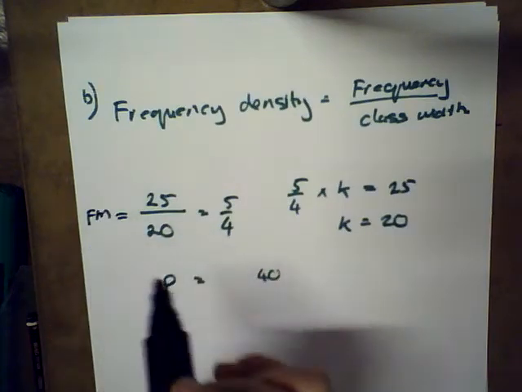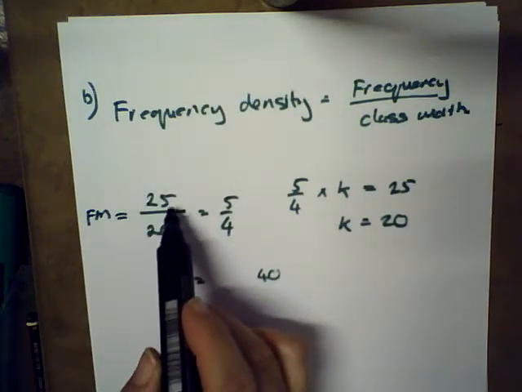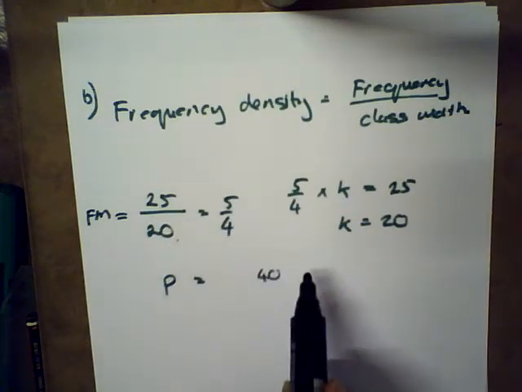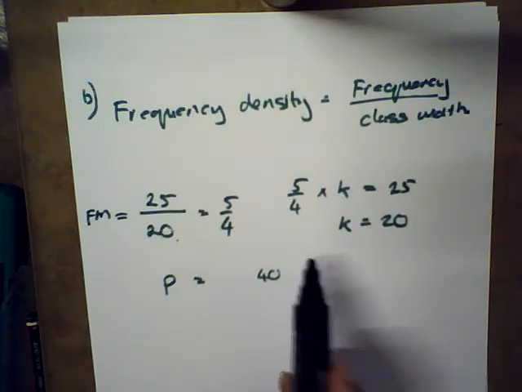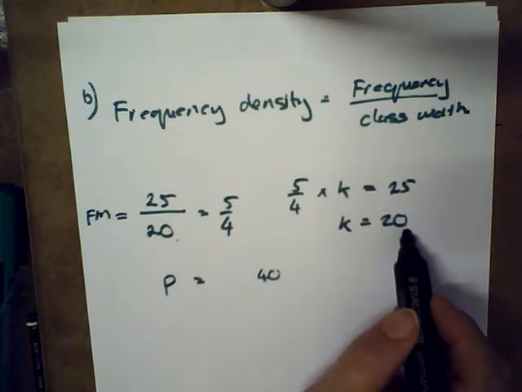Frequency density is frequency over class width. It's 5 over 4. So we know that if we have to find it, k would be 20. So that is for the arbitrary value.